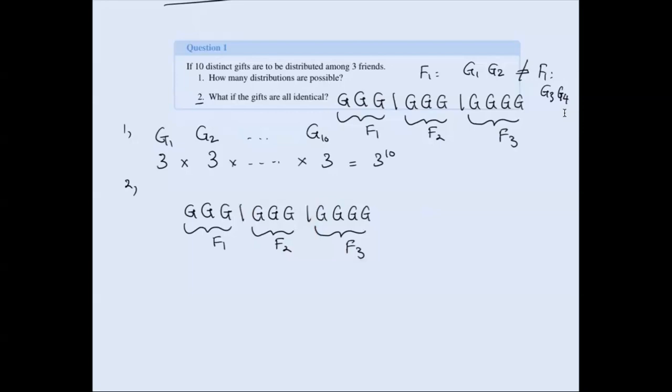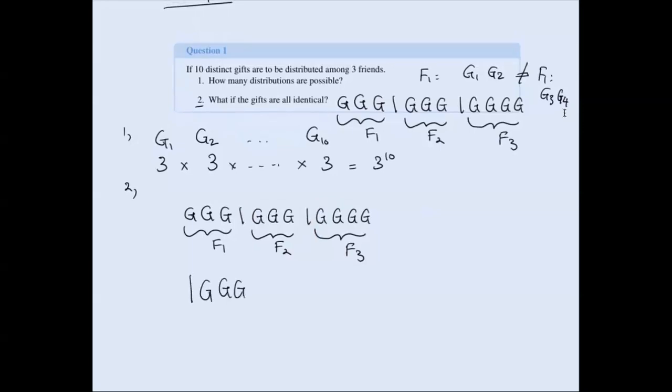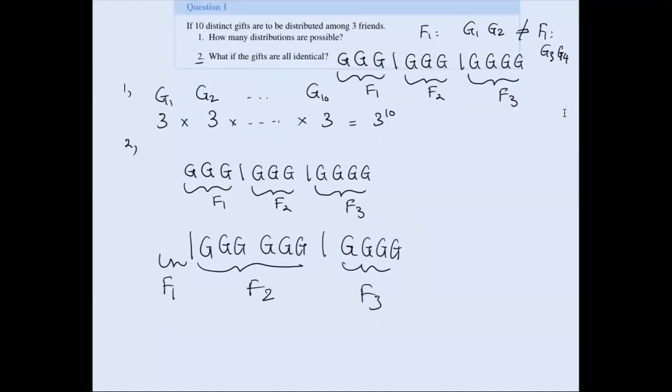If I move the vertical line to somewhere like this, this configuration means that friend 1 received 0 gifts, friend 2 received 6 gifts, and friend 3 received 4 gifts, which means the number of ways that you can distribute the gifts if the gifts are identical is the same problem as how many ways there are to arrange this sequence of characters.